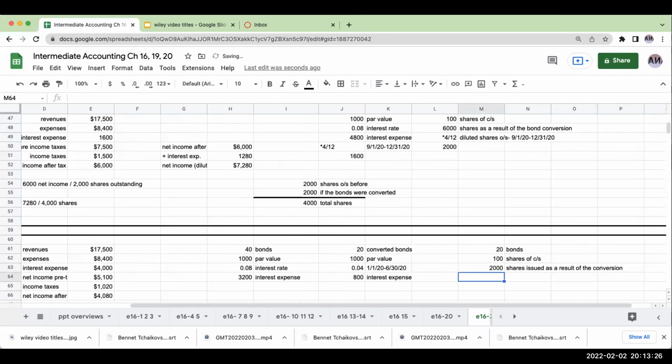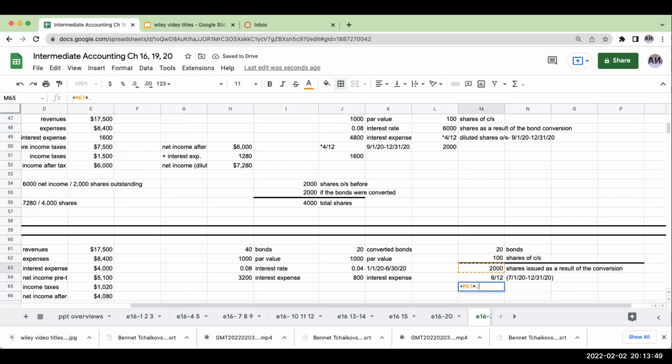However, these 2,000 shares that were issued were not issued for the full actual year, right? Because these were converted on July 1st. So for my purposes, I need to multiply this by 6/12 because this is going to be from 7/1/20 to 12/31/20 because it wasn't outstanding for the full year.